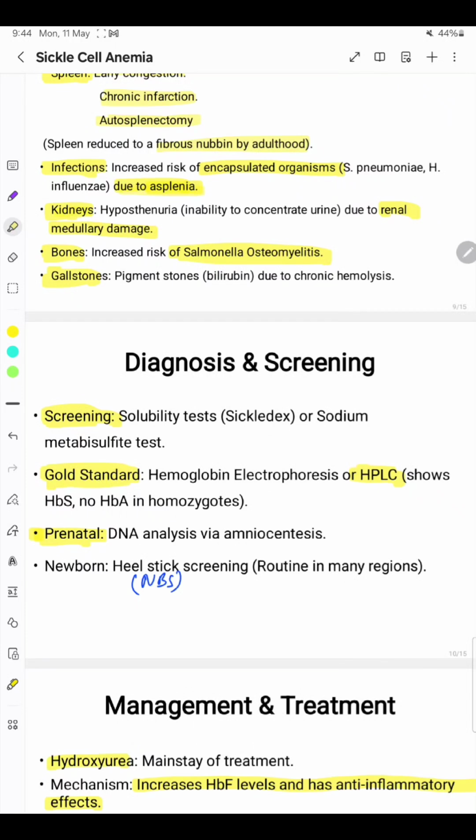Kidneys: there is hyposthenuria, inability to concentrate urine due to renal medullary damage. Bones show increased risk of Salmonella osteomyelitis, and due to extravascular hemolysis, formation of gallstones, pigment stones.